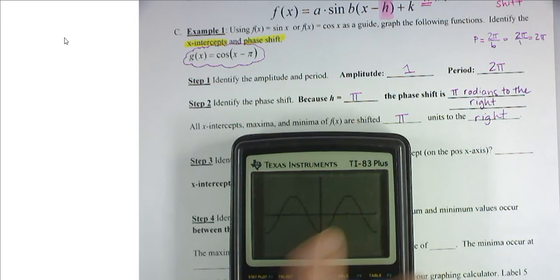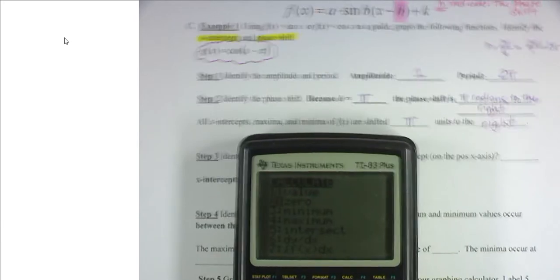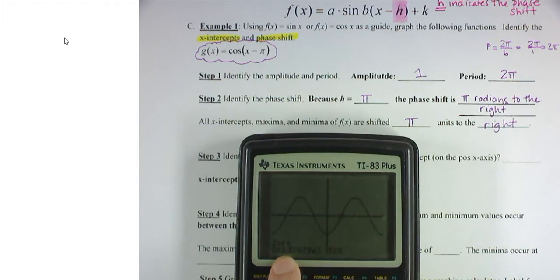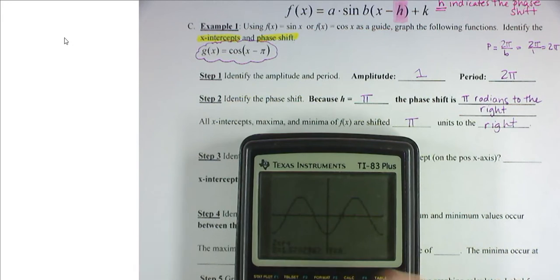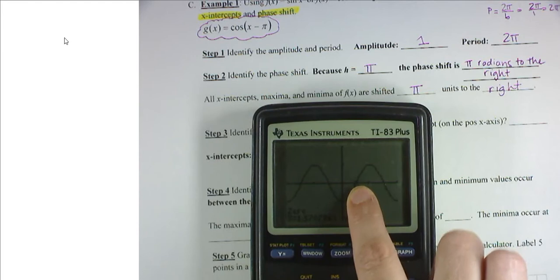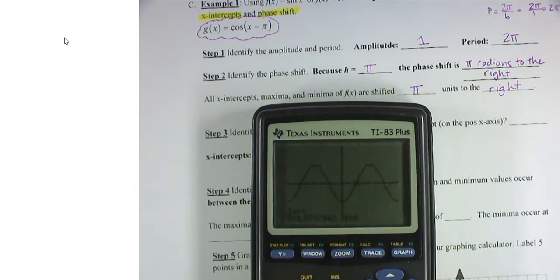It's asking you for a left bound and then a right bound to find the zero. Now this is 1.57, but remember we're going to put it in radians. So 1.57 is at pi over 2, because we went by pi over 2. So we can use that. We're also going to be graphing this.